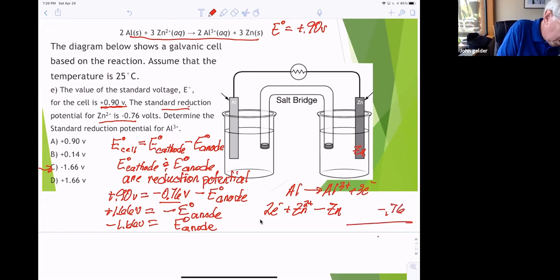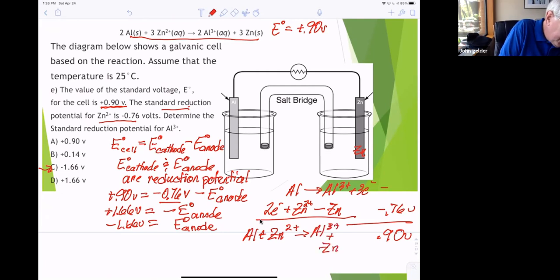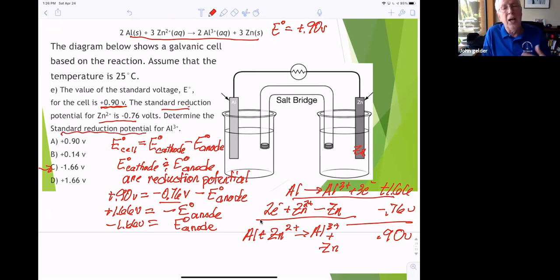This is now a plus 0.9 volts. The sum of these two, Al plus zinc 2 plus going to Al3 plus and zinc, is a plus 1.66 volts, but this plus 1.66 volts is the oxidation half cell potential. We were asking for the standard reduction potential, which is the opposite sign.